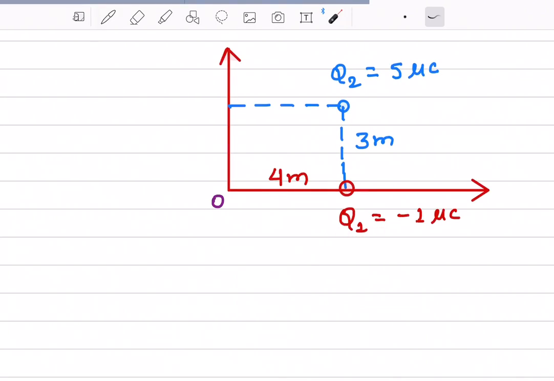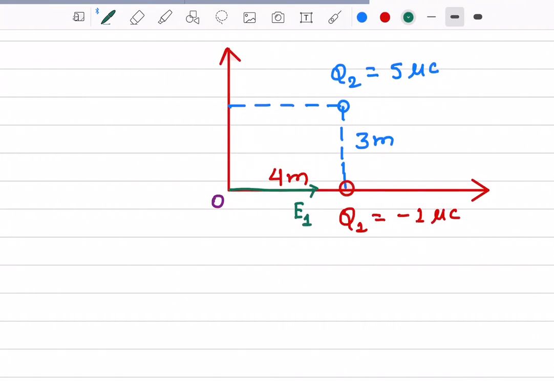Okay, so first, let's start with this charge Q1. Q1 is a negative charge, and we know that the electric field due to a negative charge is always towards the charge. So this will be the direction of the electric field due to the Q1 charge, and I'm going to draw it here using the green one.